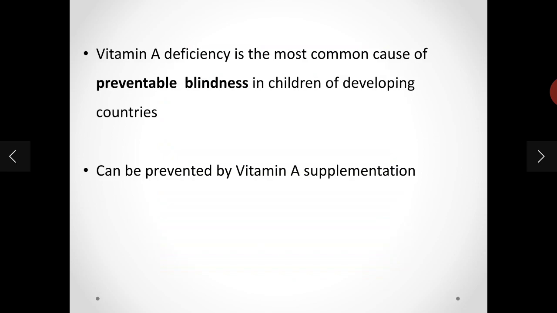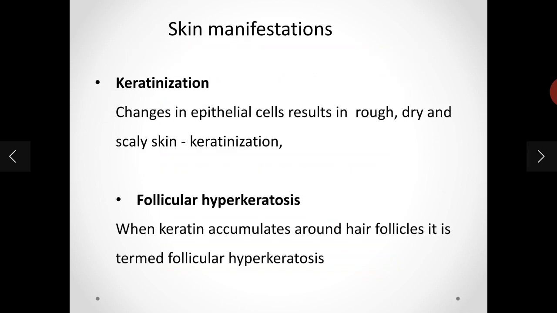Vitamin A deficiency is the most common cause of preventable blindness in children of developing countries, and it can be prevented by vitamin A supplementation.